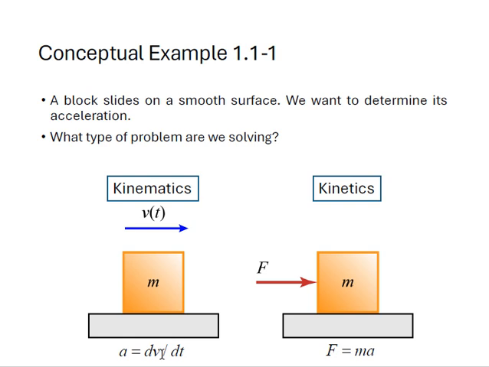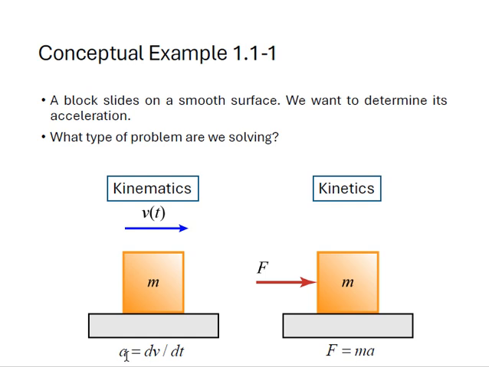So it's the rate of change of your velocity over time. We're just looking at how the velocity changes over time. In common words, it tells you how quickly this block's speed is increasing or decreasing as time goes on.